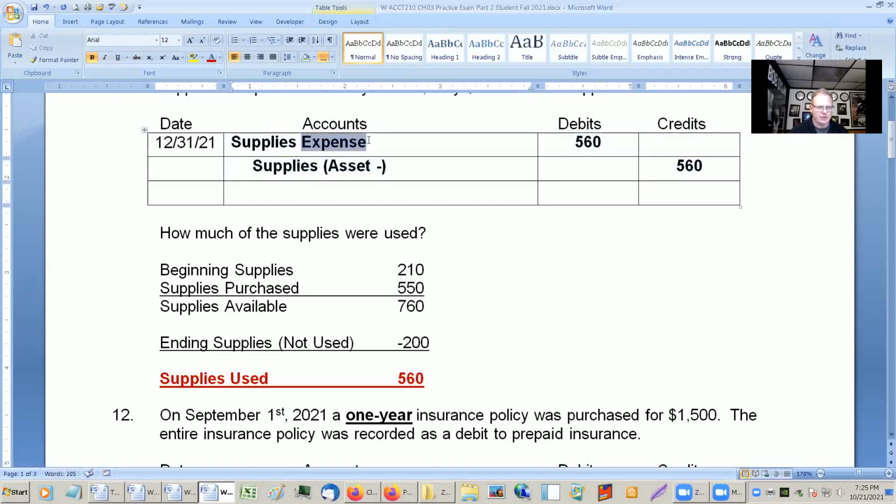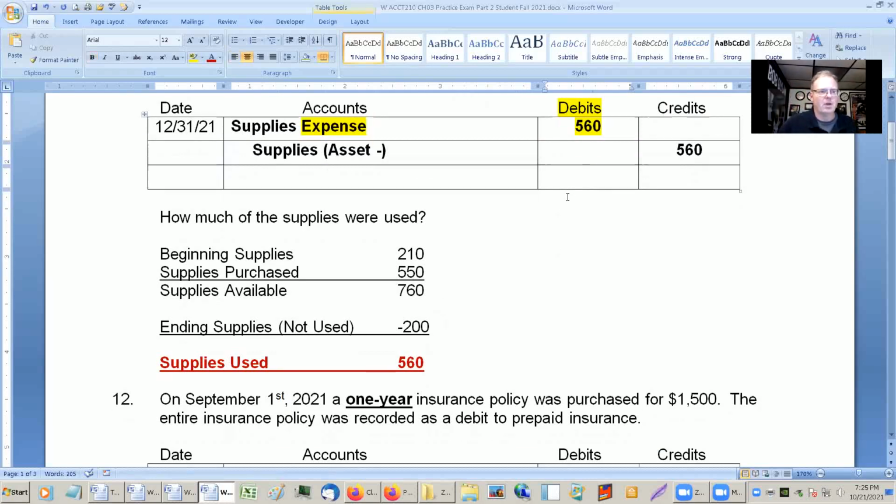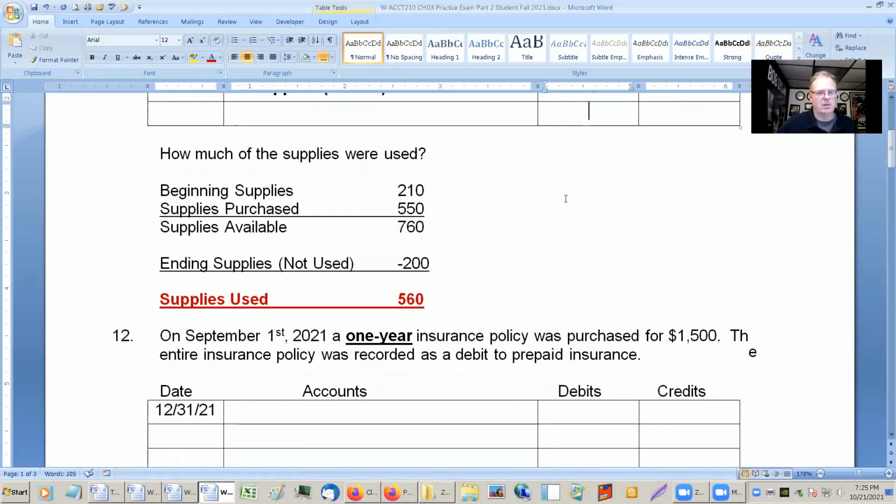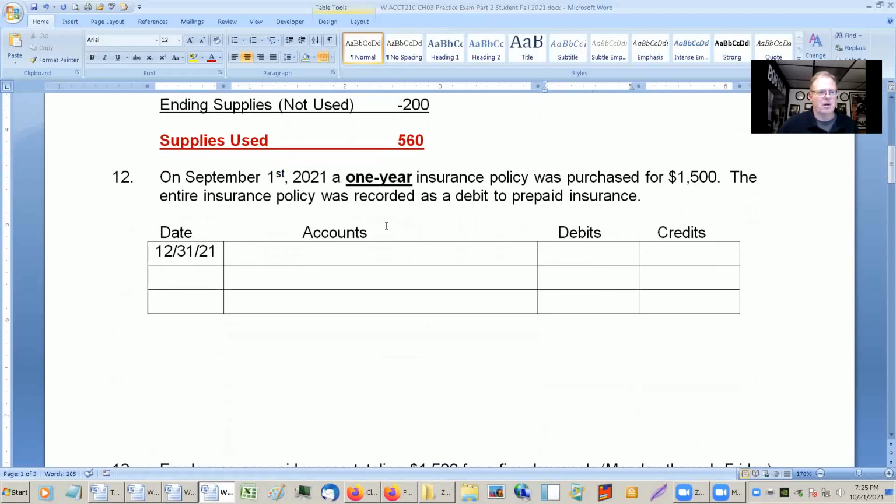Now, the thing you do when you take the test, go through and get all your answers in, and then go through and check and make sure that all the expenses are debits. As you get done with that, just go back and check to see that the expenses should all be debits. Go back and see that they are.